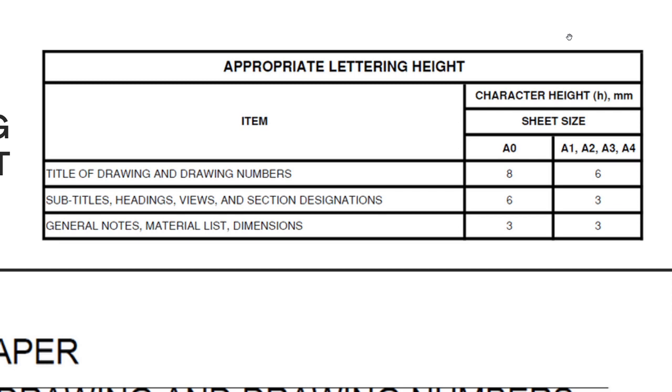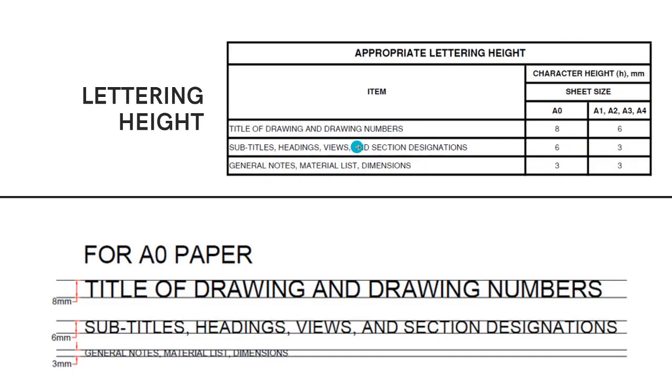If my drawings are crowded or tight, I would use the 2.5 mm and the 5 mm. Okay? So again, for an A1 to A4 paper, you should use only two sizes, so the character heights are arranged and uniform. Again, 6 mm and 3 mm, or 5 mm and 2.5 mm.